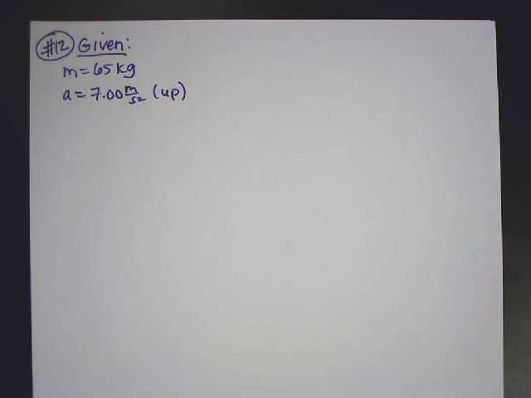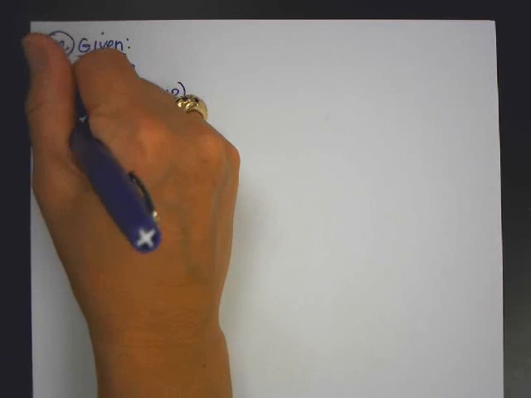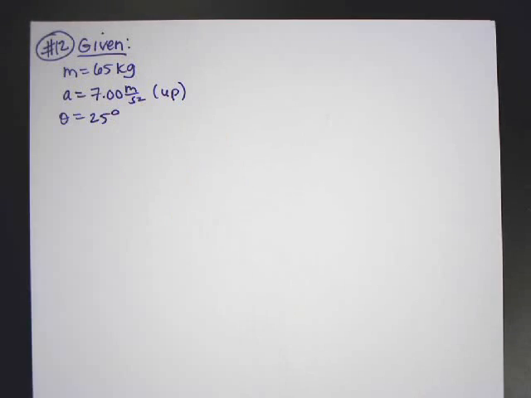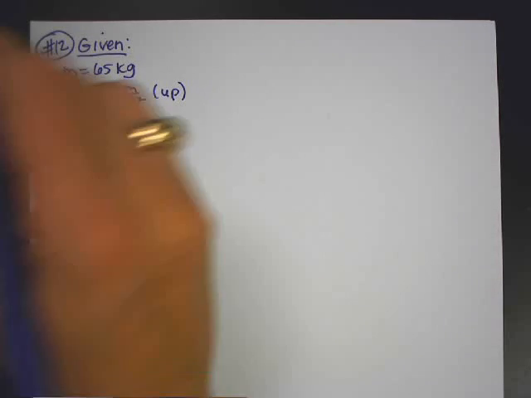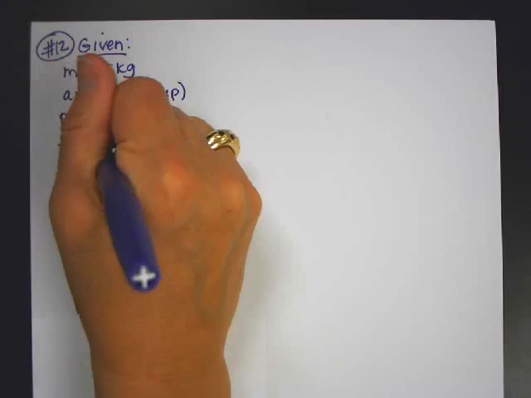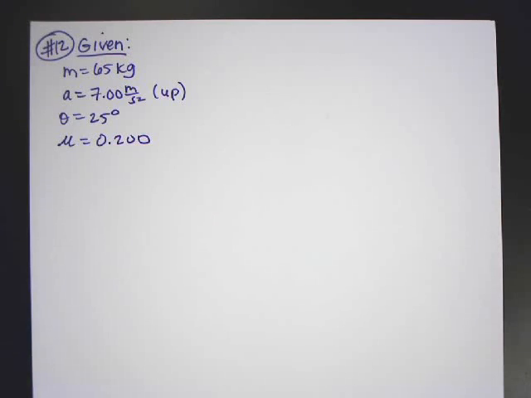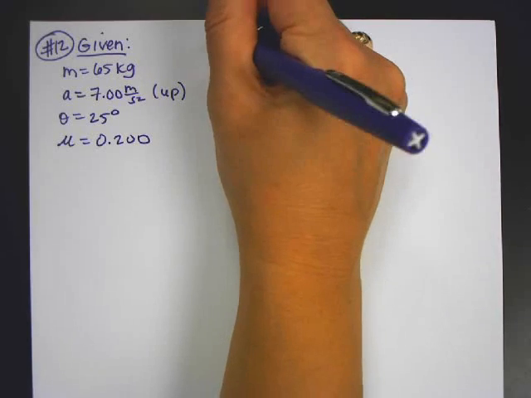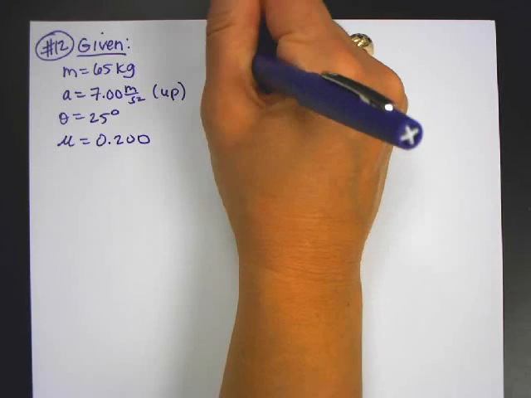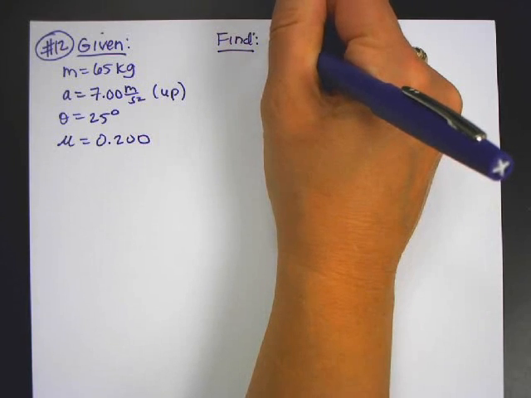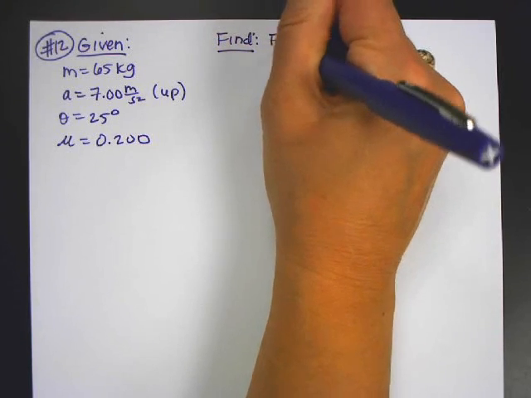An incline making an angle of 25 degrees with the horizontal. If the coefficient of friction between the crate and the incline is 0.2, how much force is required? So they want to know how much force is required to pull it up, so we're looking for FA, the applied force.